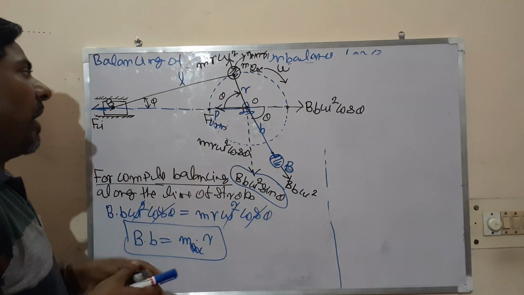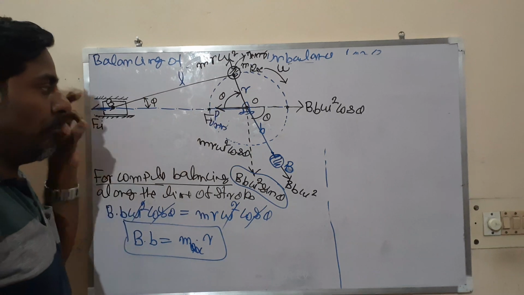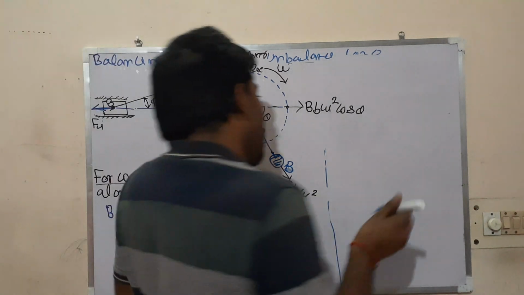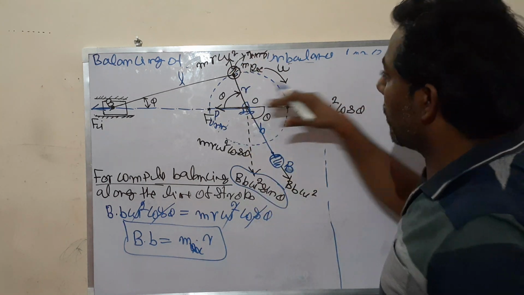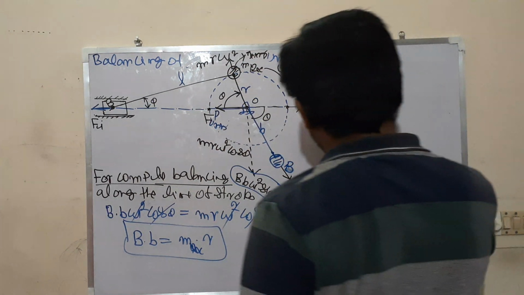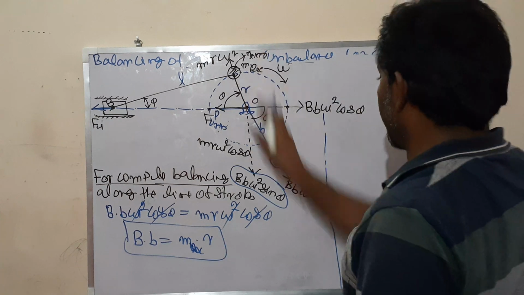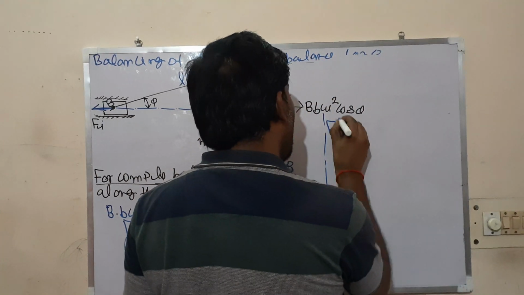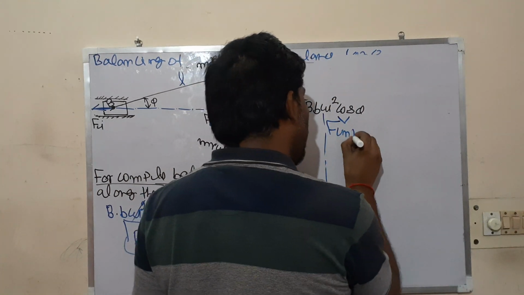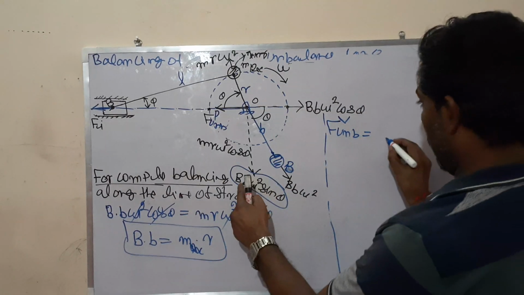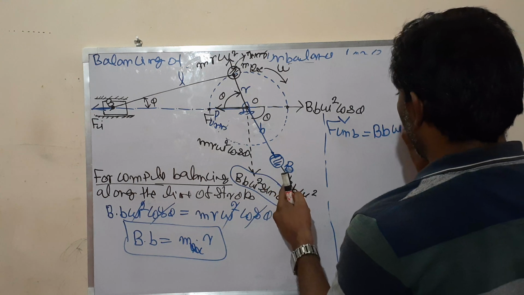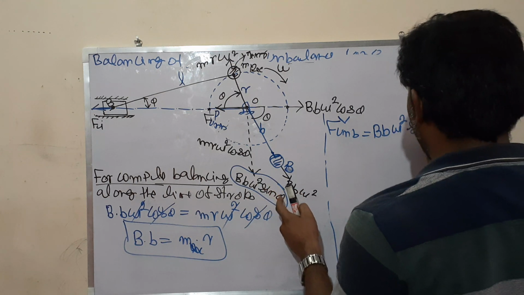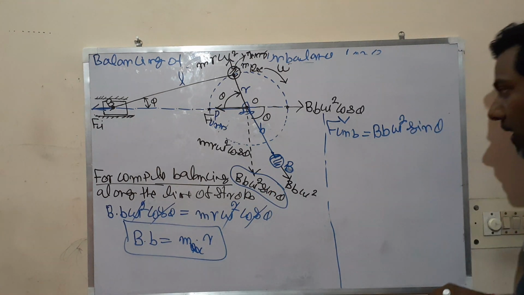So the unbalanced force arises in the vertical direction, that is perpendicular to the line of stroke. The unbalanced force in the vertical direction is equal to BB omega square sine theta.